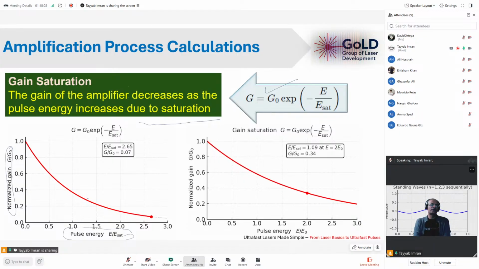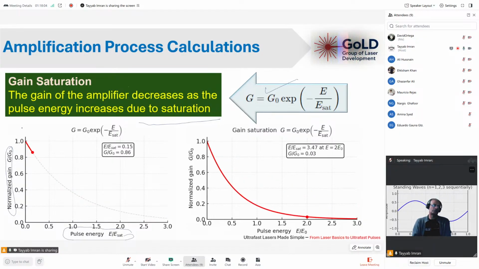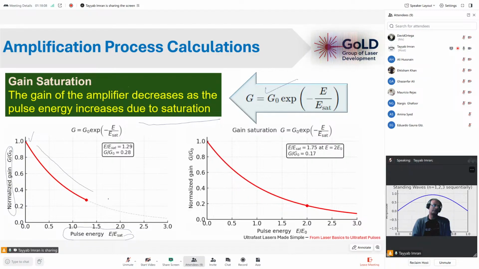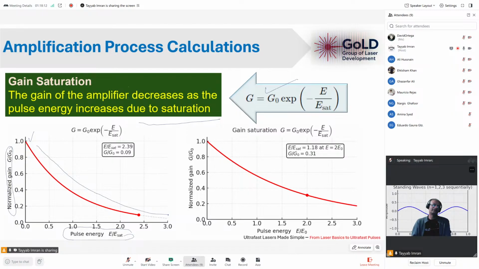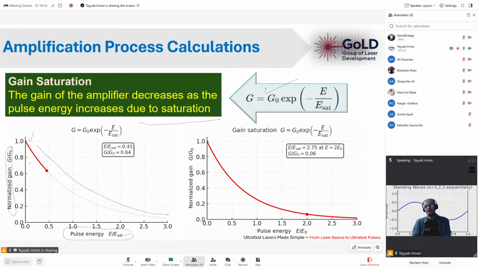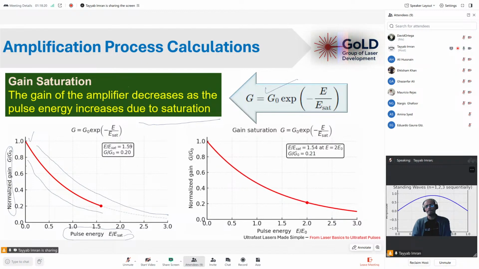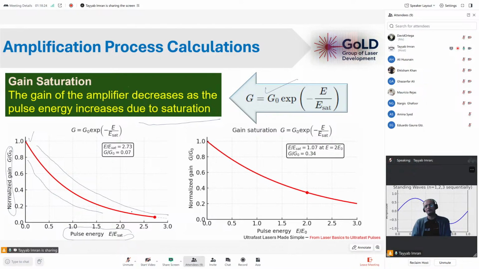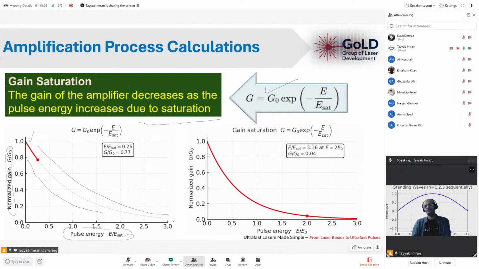So if you start from here and the gain decreases, the pulse energy is increasing.